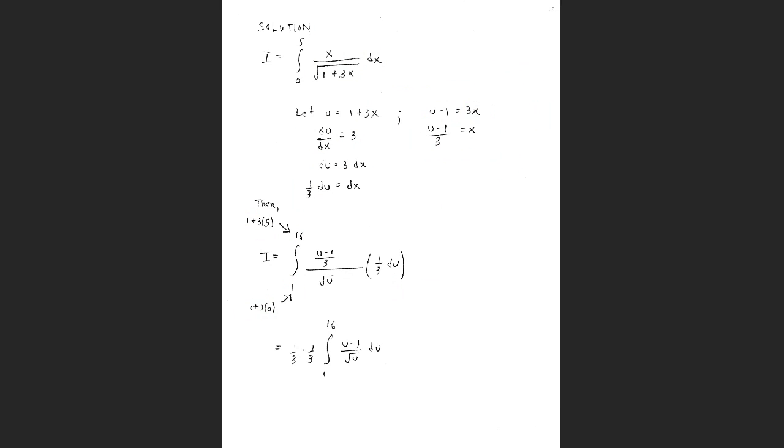Okay, so we have here (u minus 1) over 3, which is the same as 1/3 times (u minus 1). So the third here and the third here, I'll just bring those constants out in front of the integral. Okay, and that gets me to here.